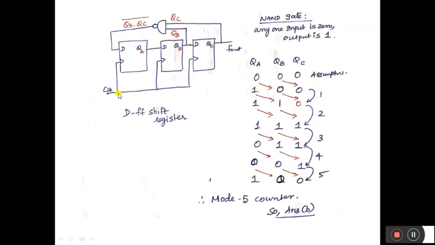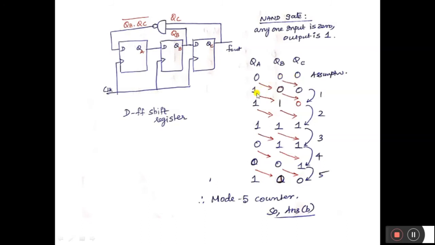First, after the first clock pulse, because of this shift register, the 0 appears here, the 0 appears here. Both zeros apply to this NAND gate, whose output is connected to D. If any one of the inputs is 0, the output is 1. So here both inputs are 0, so the output becomes 1.